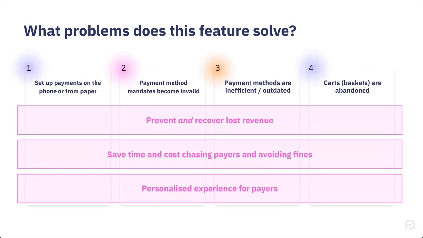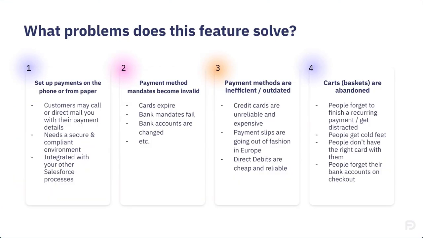We see it used to move people from inefficient or outdated payment methods to newer and more efficient payment methods. And we see it used to recover abandoned baskets. All of this to simply prevent and recover lost revenue, save time and cost chasing payers and avoiding fines, and still provide a personalized experience for all your payers, whoever they are and whatever they want to do.